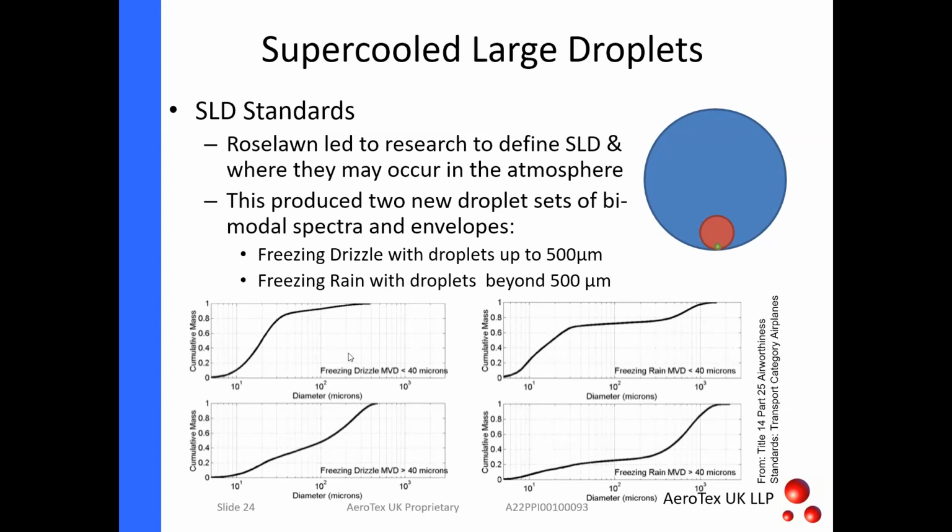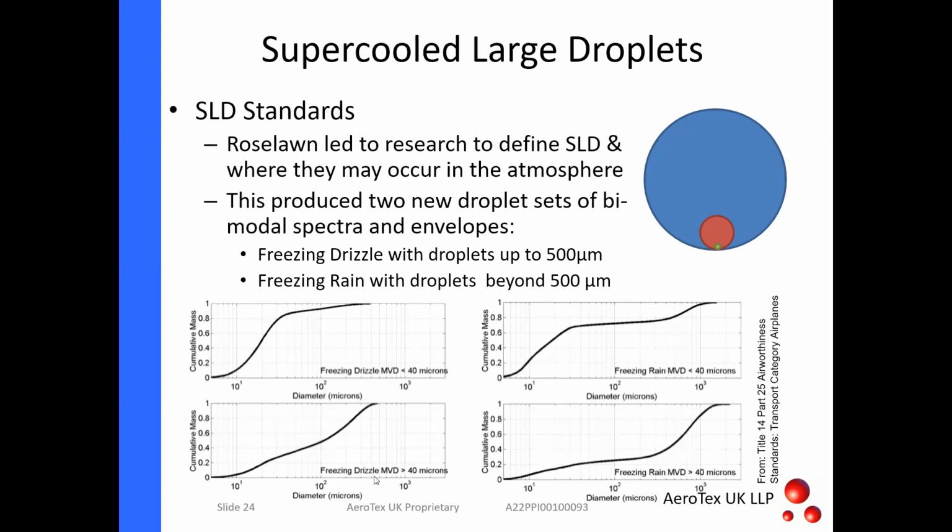On the left-hand side here, these are really two boundaries between which the icing conditions occur. There's freezing drizzle with an MVD of less than 40. This is mainly small droplets, but with a few at higher droplet sizes.